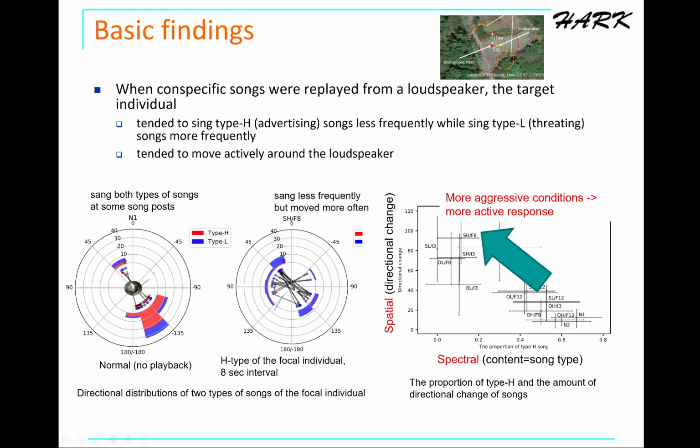This is a typical behavior of the aggressive response. Actually, when we conduct a similar experiment with different conditions, if we assume a more aggressive condition, we could observe a more active response.